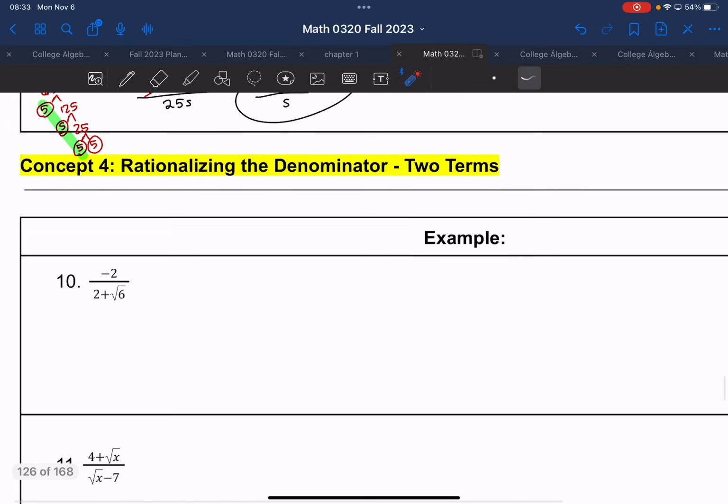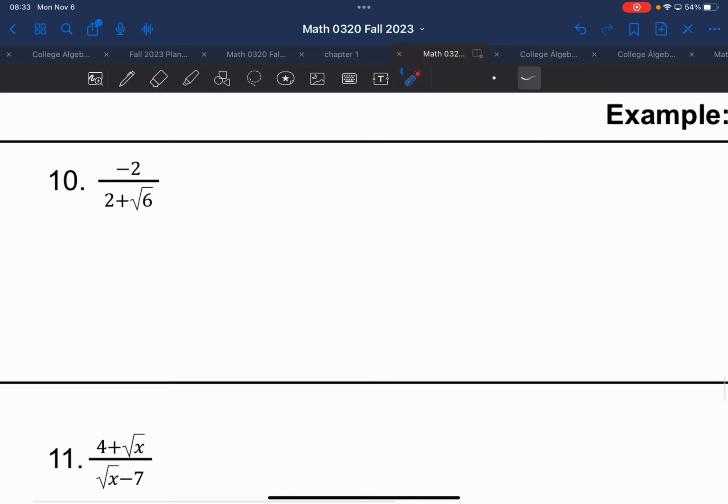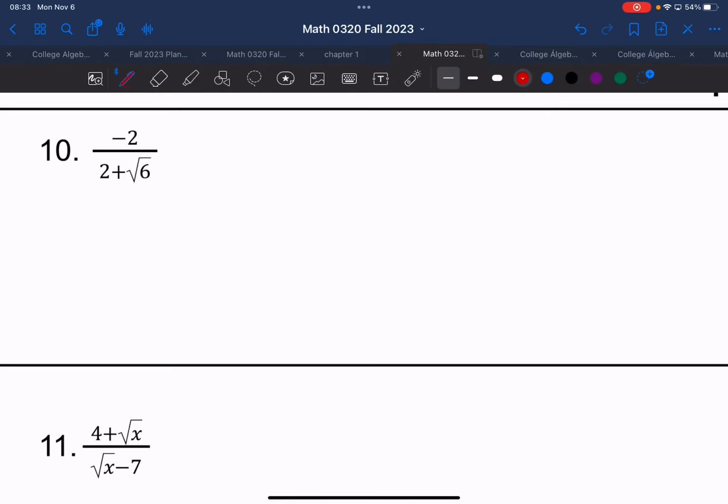Now, the next part is if we have 2 terms in the denominator. So notice on number 10, we don't just have the square root of 6, we have 2 plus the square root of 6. In order to rationalize the denominator with 2 terms, we are going to have to use the conjugate. So let me go ahead and write that out.